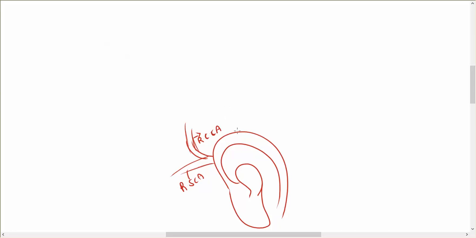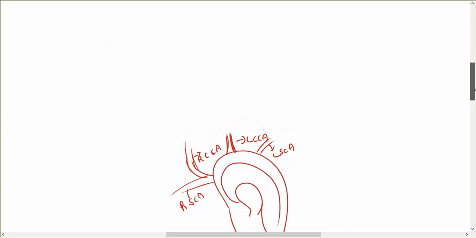After that, another branch comes from the arch of aorta, that is the left common carotid artery. After that, another branch which comes is the left subclavian artery.